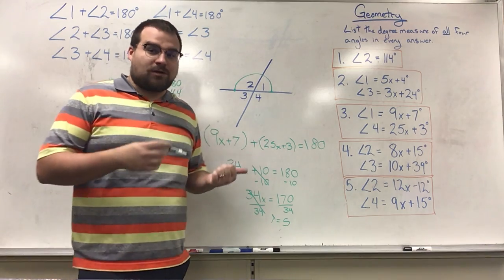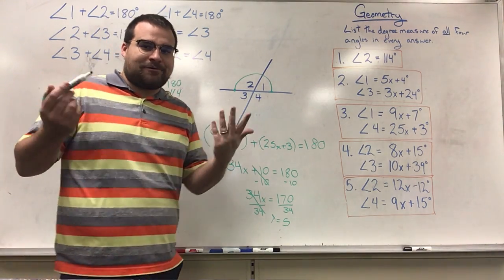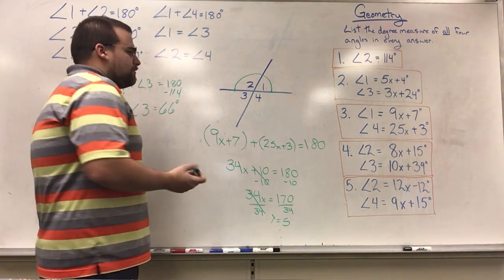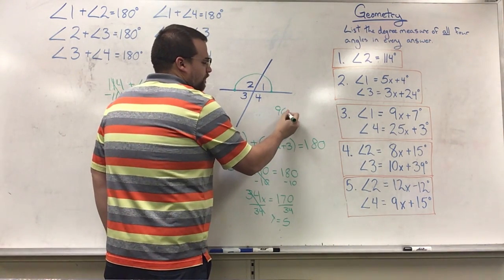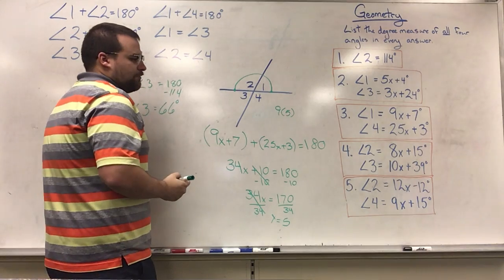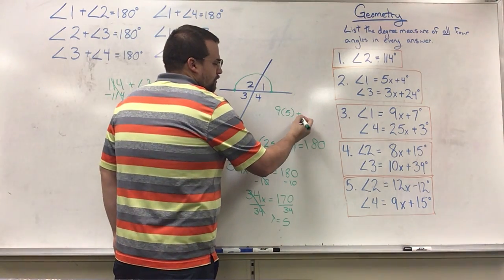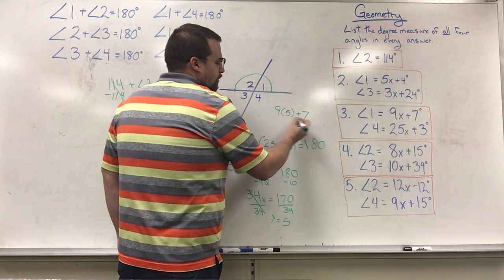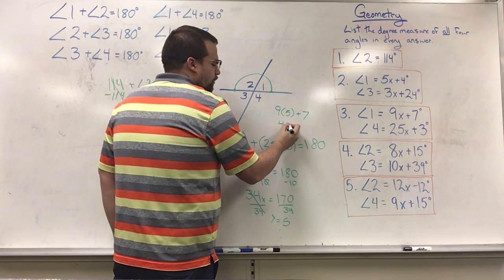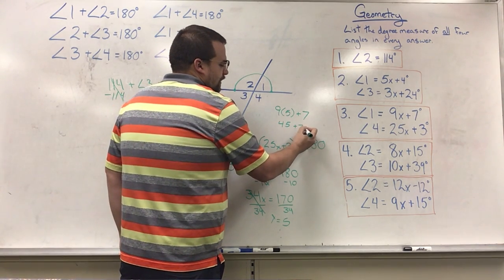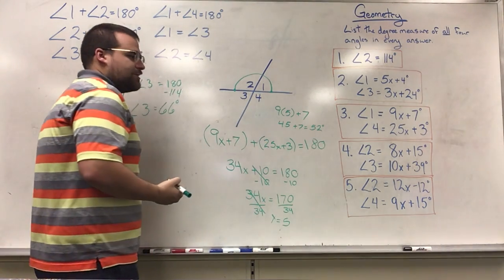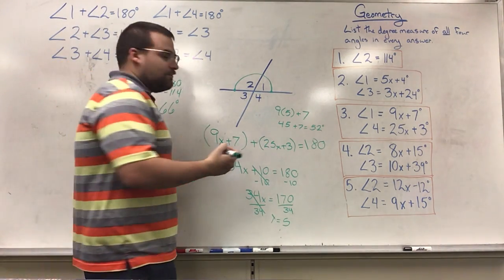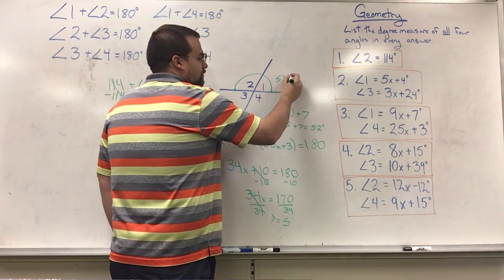So we can plug that in, do a little math, and we're there. 9 times 5 that we just found, plus 7. 9 times 5 is 45, and 45 plus 7 gets us 52 degrees. Well, there's angle 1, 52 degrees.